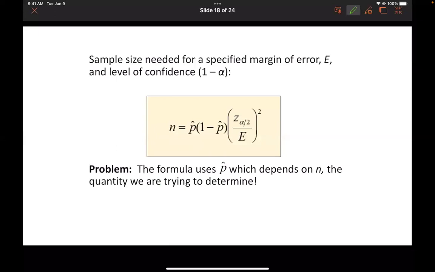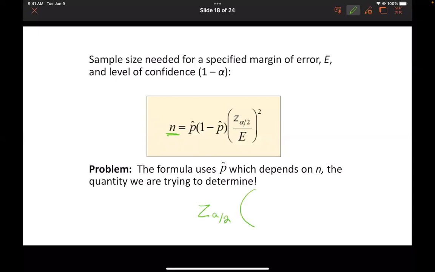So this formula right here will get you there. All this formula is, I solved for n. I took that margin of error formula and I mathed it all up and I solved for n. That way you don't have to. It's less algebra for you.